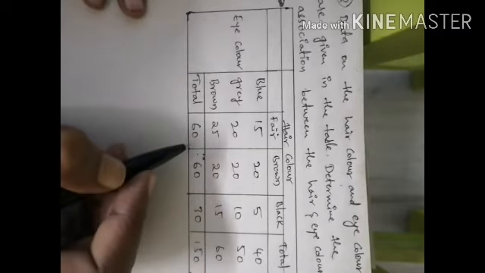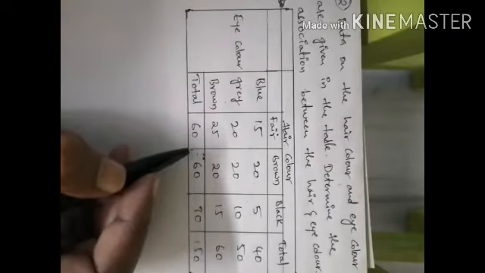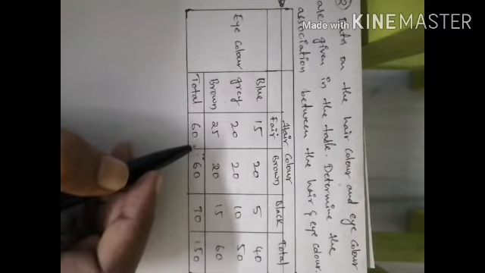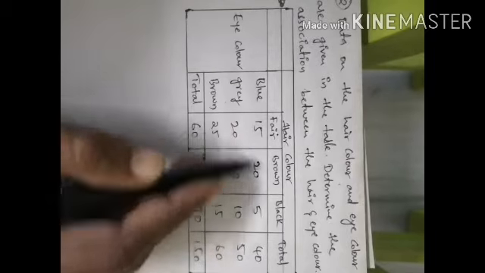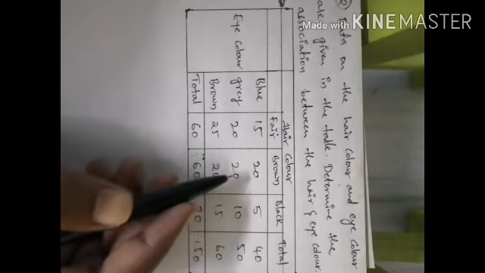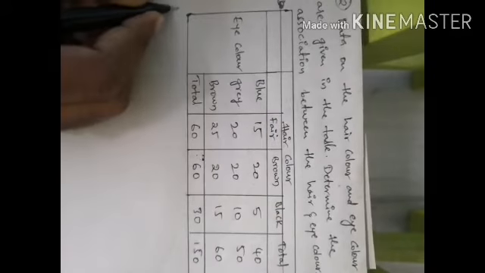So here we need to use the chi-square formula as double summation (Oij minus Eij) whole square by Eij. Now we need to find the expected frequencies for the entire table values. First of all we need to set up the null hypothesis.